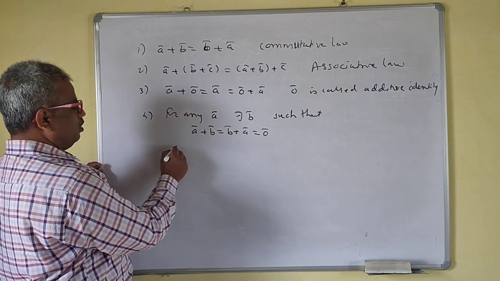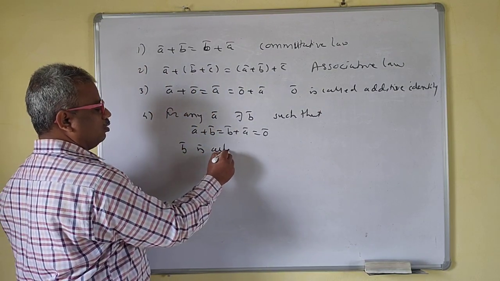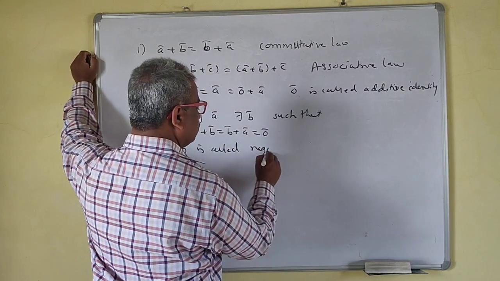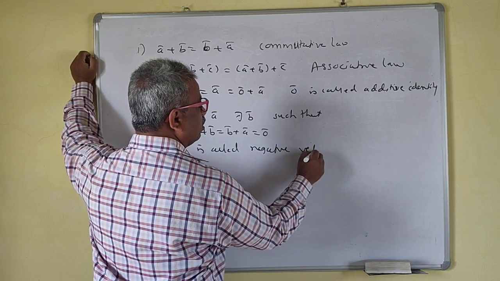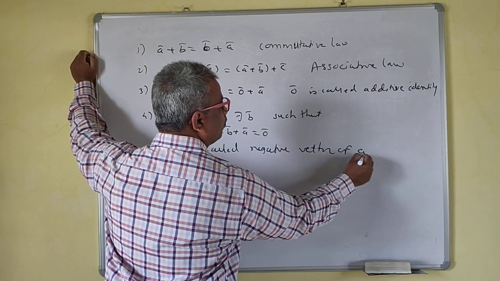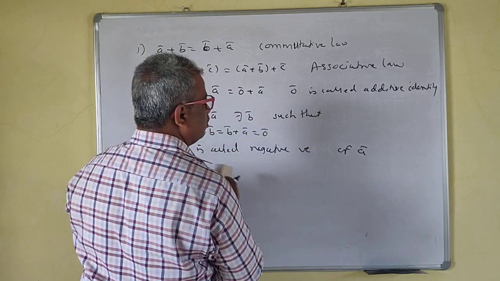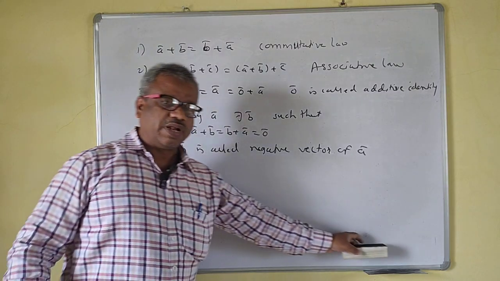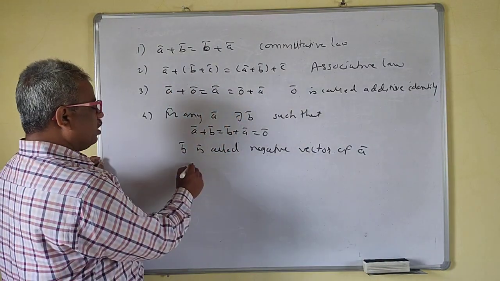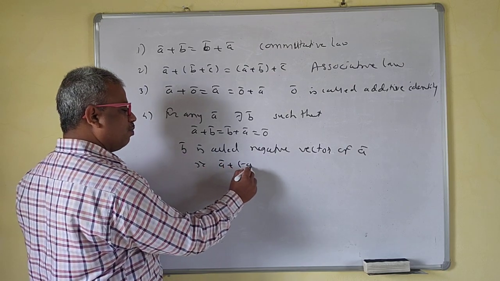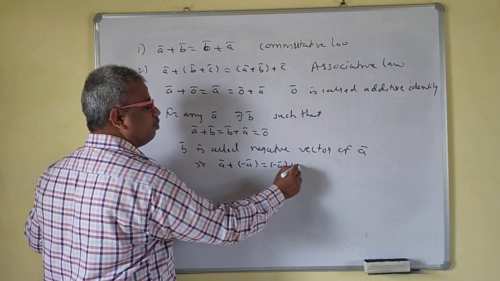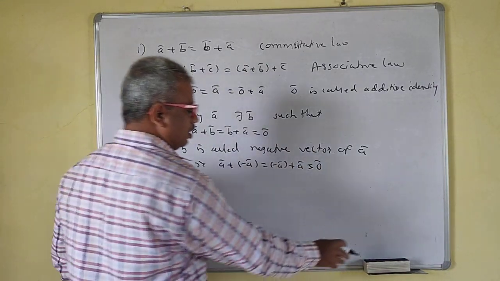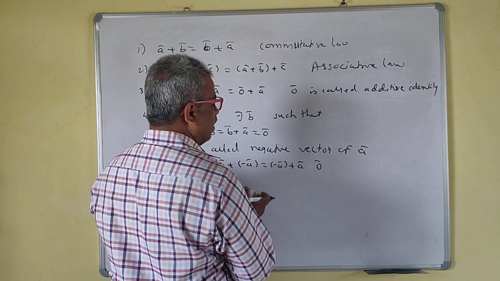So B bar is called negative vector of A bar, or A bar is called negative vector of B bar, doesn't matter. That means A bar plus minus A bar is always 0 bar, right? So minus A bar is the negative vector of A bar.